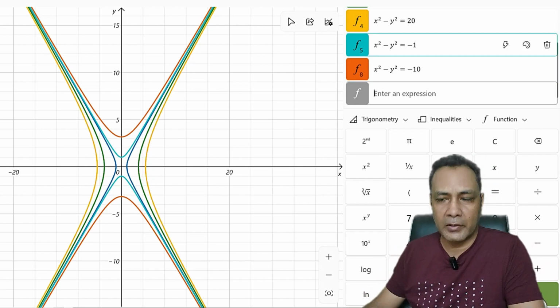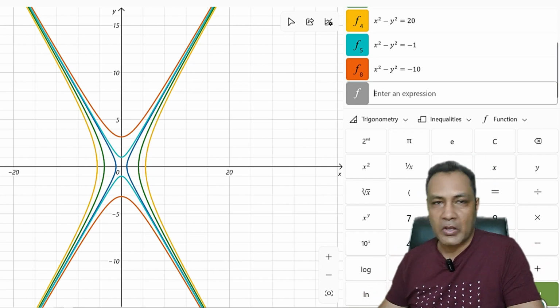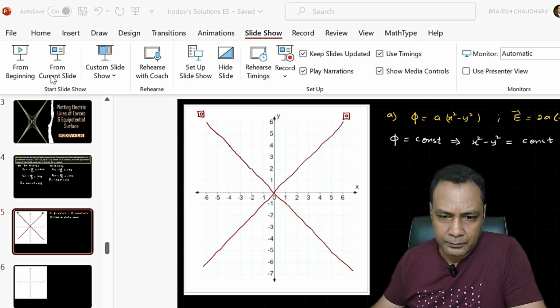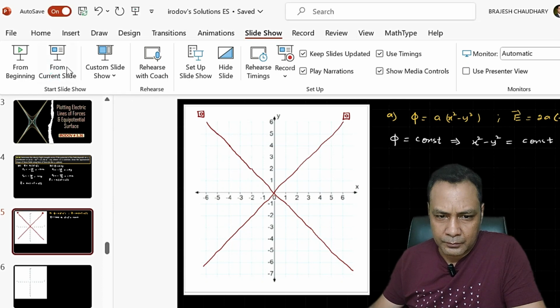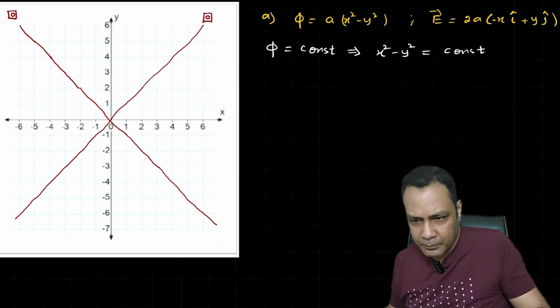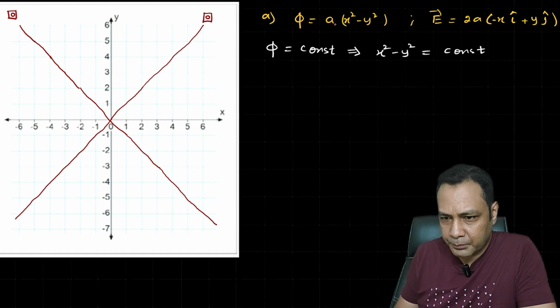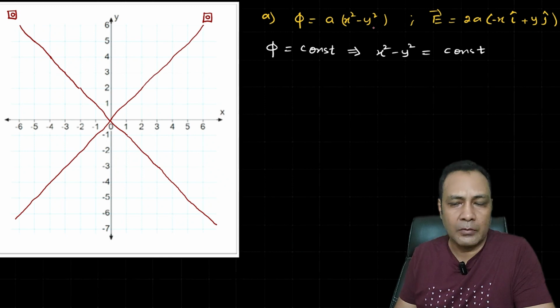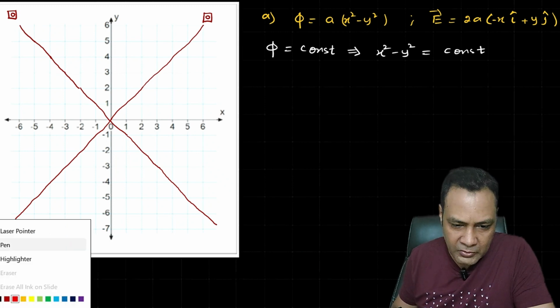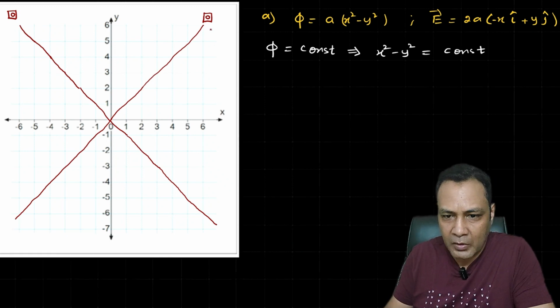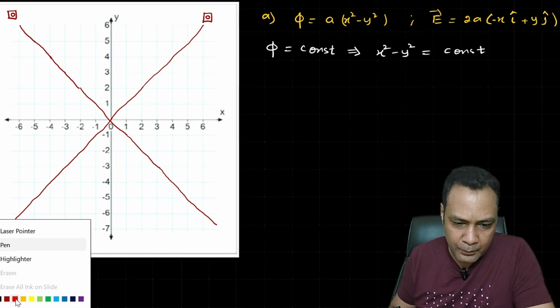So now we can go and plot the EPS. Let me assume that this A is positive. So for the positive potential, I can choose some EPS which has a positive potential, say potential 10 volt.